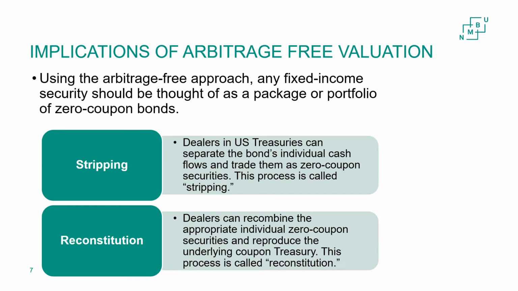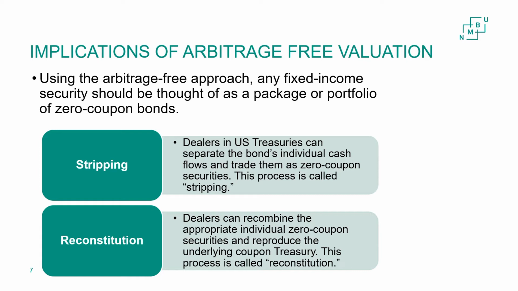Thinking about arbitrage-free valuation, in the bond market, we have a very important relationship between coupon bonds and zero coupon bonds. What you can do is strip a coupon bond, which means that you are buying a US Treasury, for example, a coupon bond, and then you're selling zero coupon bonds corresponding to the cash flows of the coupon bond.